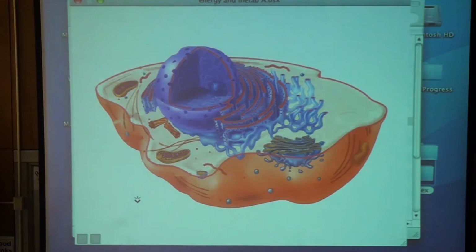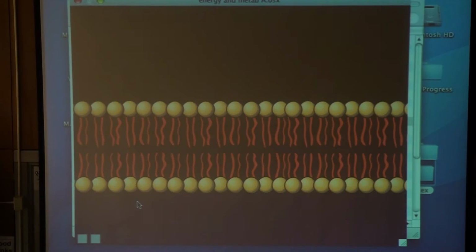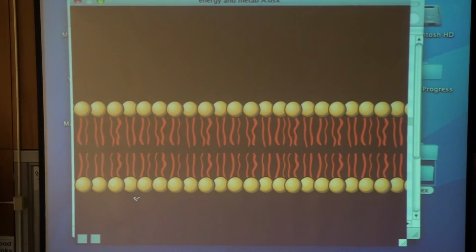Now, cells are able to store up energy by concentration gradient. Since a concentration gradient where all the solutes are at a high concentration is stored up energy like water behind a dam, that's essentially what cells do. The dam is a membrane, a phospholipid bilayer.